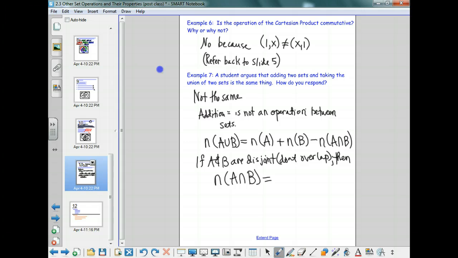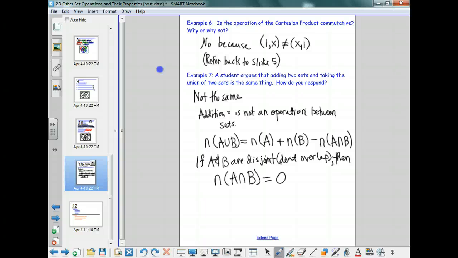Pause for a second. What would the intersection be equal to if the circles don't overlap? 0, right? This is the description of the teenagers that live at my house, right? There are no teenagers in my house. So this is 0 right here. If they do not overlap, then their intersection is 0.